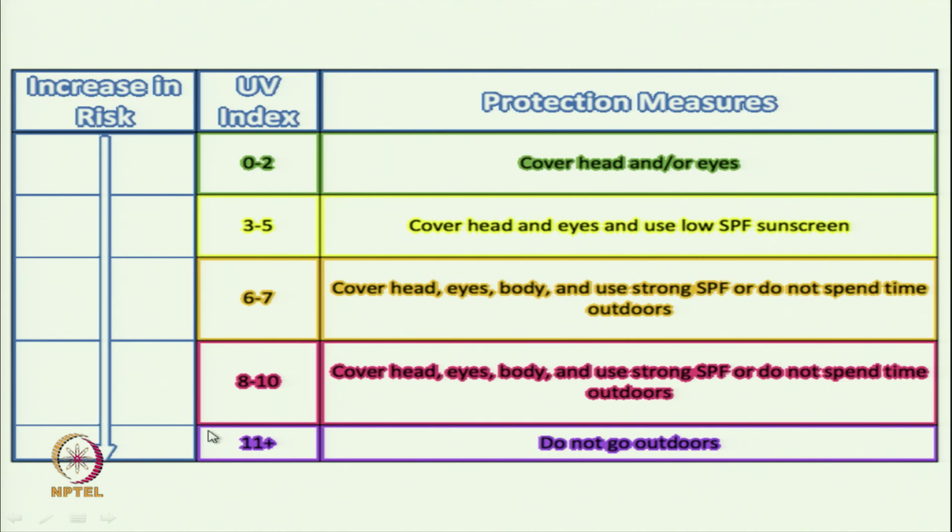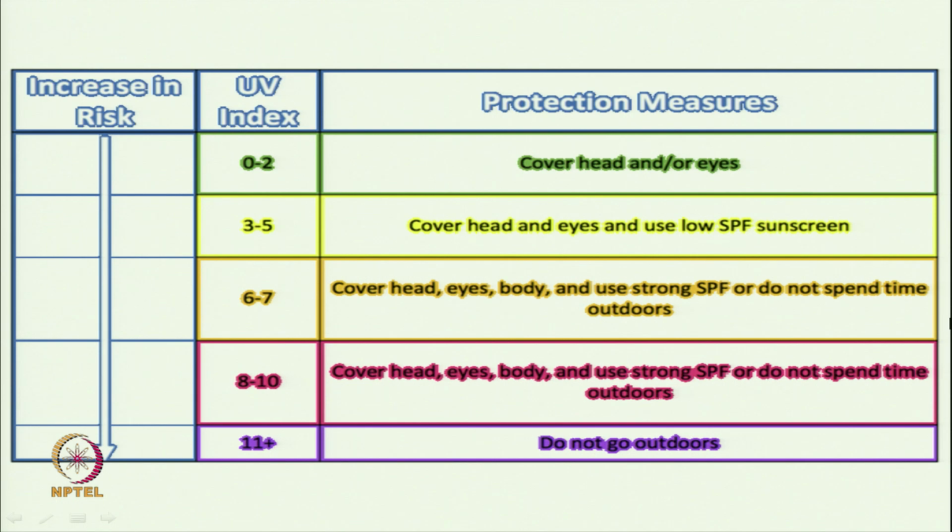For UV index 8 to 10, which is very strong, we have to cover head, eyes, and body, use strong SPF, and not spend time outdoors, and we have to take sufficient protective measures. We can use clothing with UV protection, higher UPF.